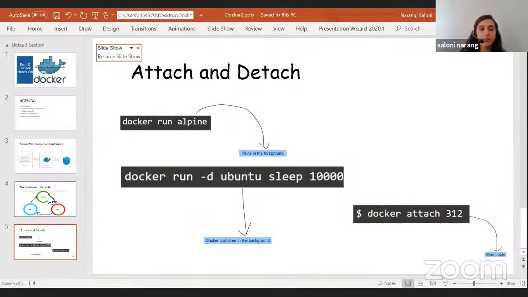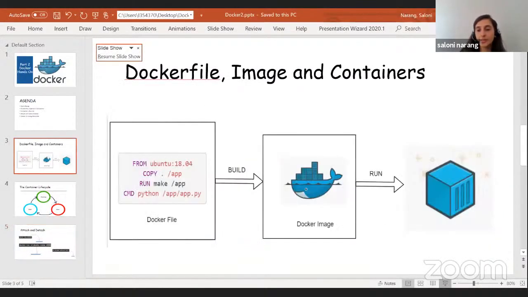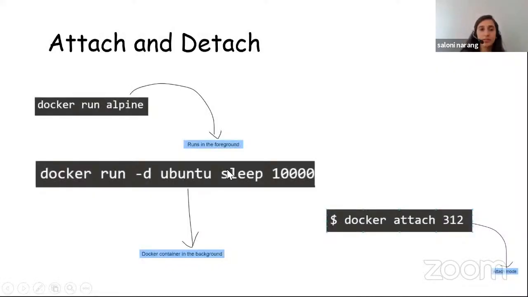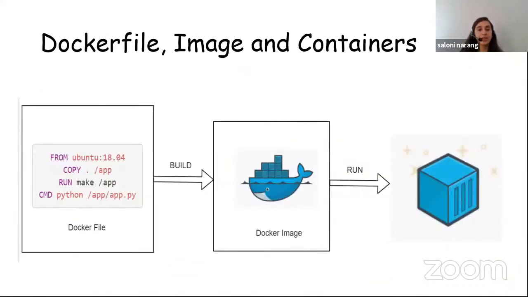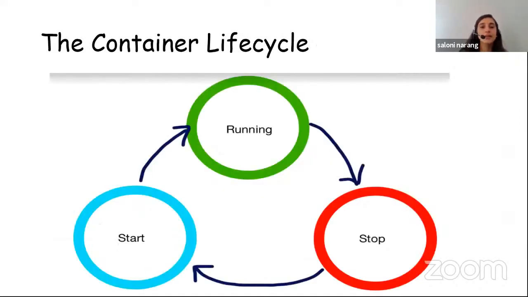So now I hope you are clear with this concept of Dockerfile, Docker image, and Docker container. As I have mentioned earlier, this is a Dockerfile. You can go to my part 1 and see it. And this is the container lifecycle. What we have just done today is start a container and type exit to come out of the container. It went into the stopped status.